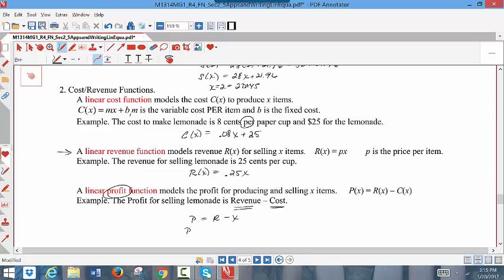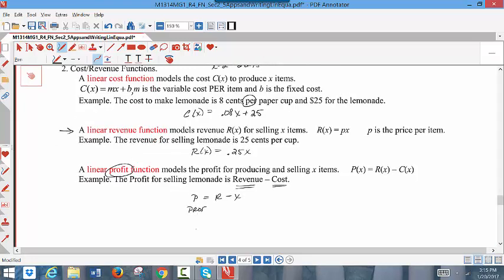In function notation, we'll call it P of x, is our revenue, which is 0.25x, minus our cost, C of x.